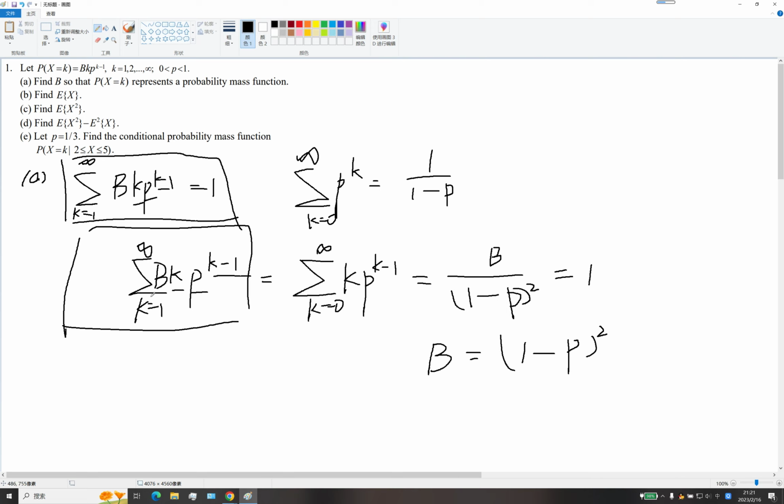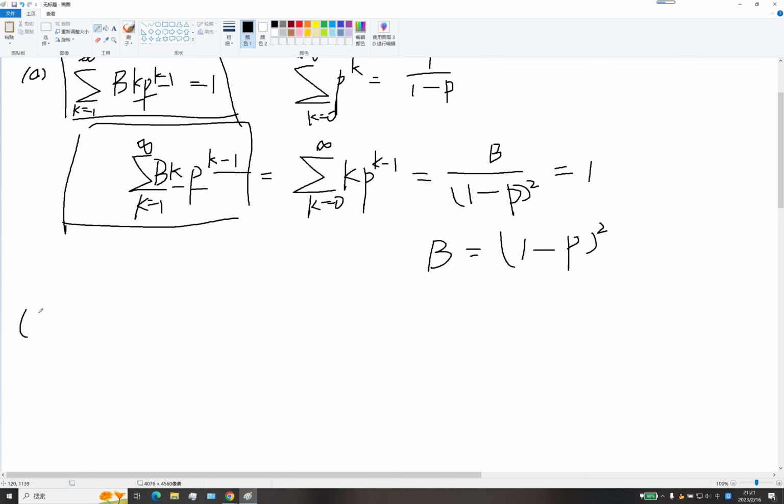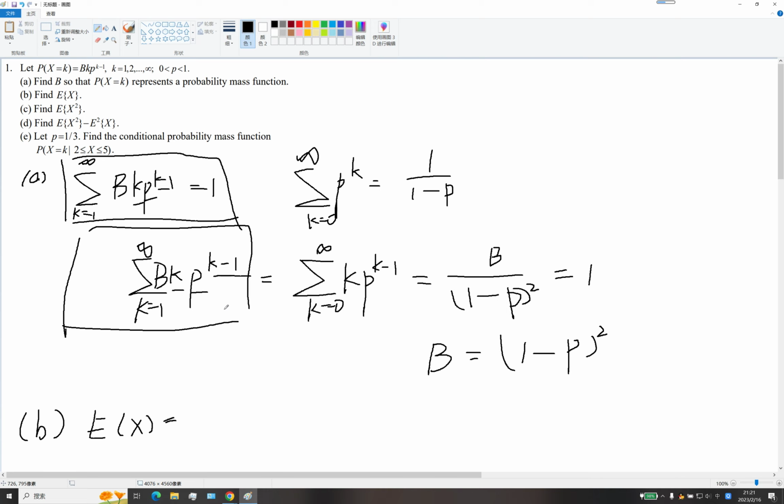Now let's do question b. Find E[X]. So what is E[X]? E[X] means the k multiplied by the probability, which means x multiplied by the probability, summed up together.